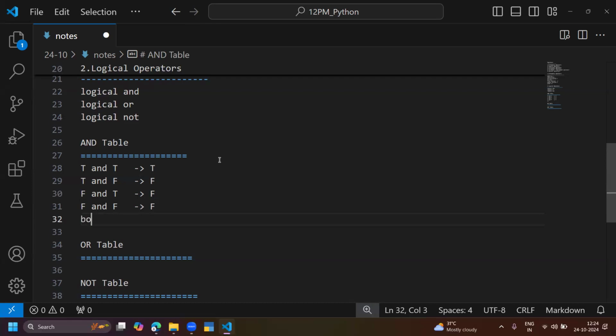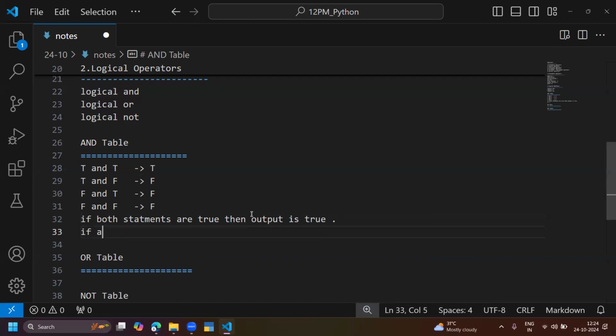What is the rule of the AND table? If both statements are true, then the output is true.